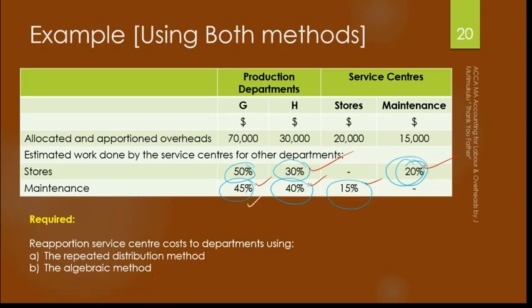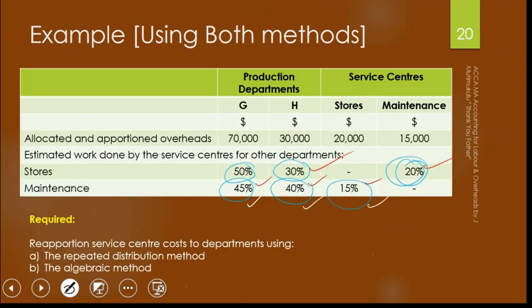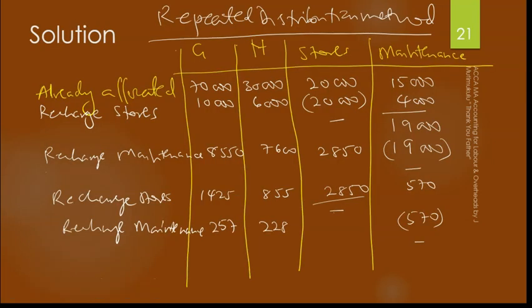We follow 45, 40, 15. So 45% of 570 should be 257. And then 40% of 570, that's 228. Then 15% of 570, that's 85.